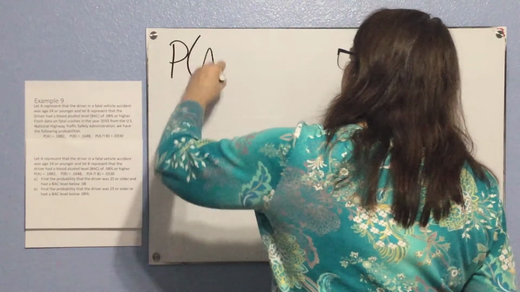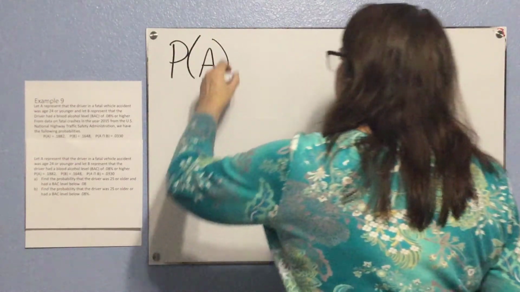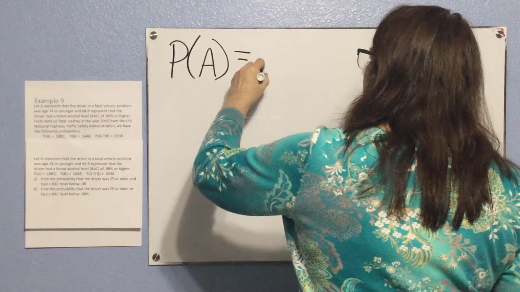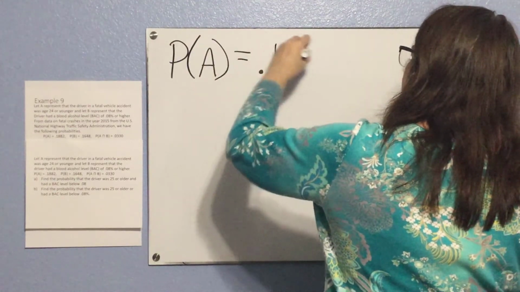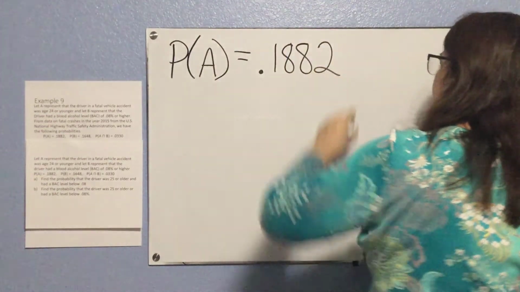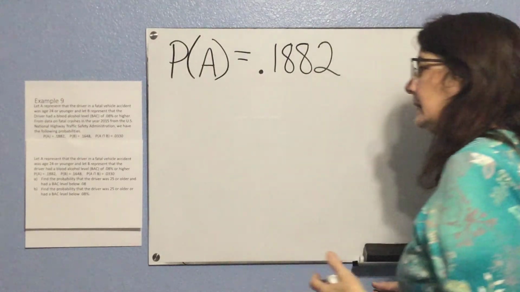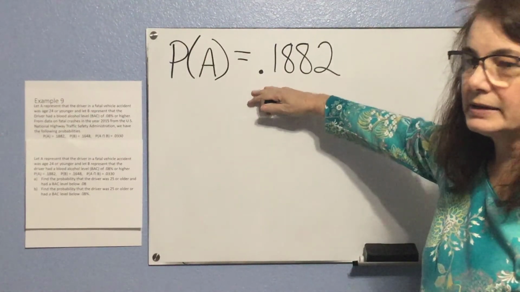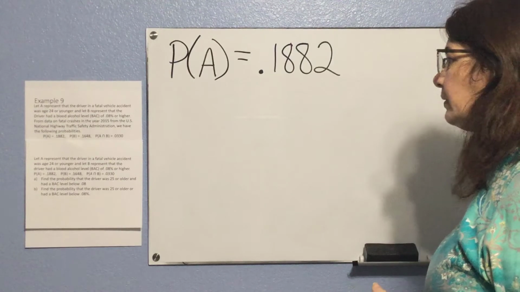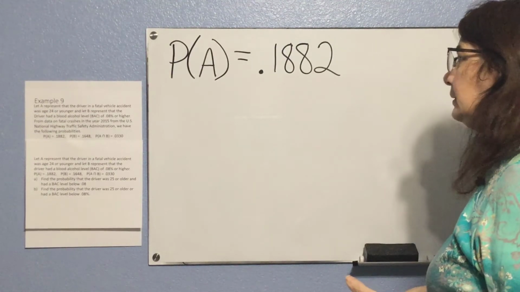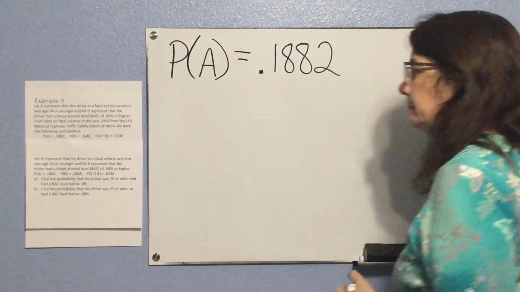The probability of A is 0.1882. So this is the probability that a driver in a fatal accident is 24 or younger, almost 20%.